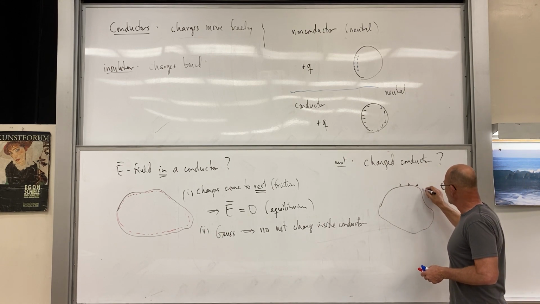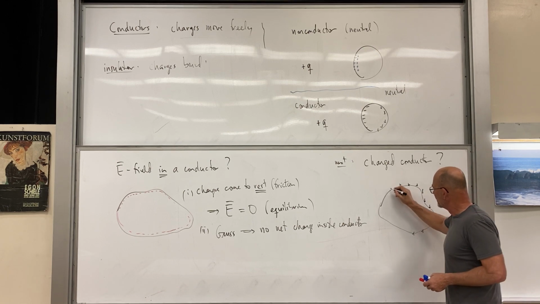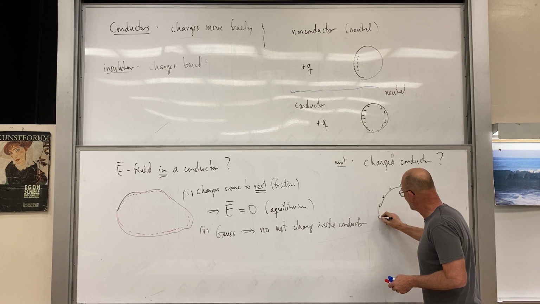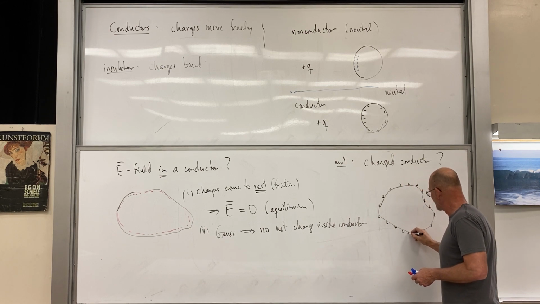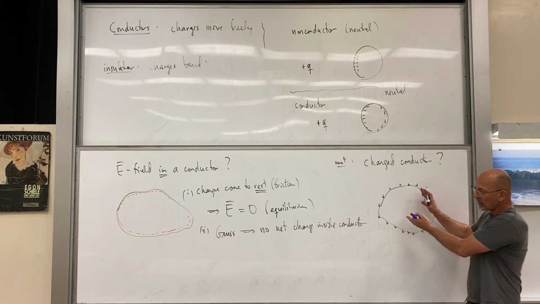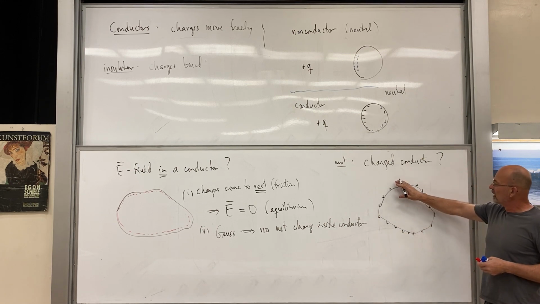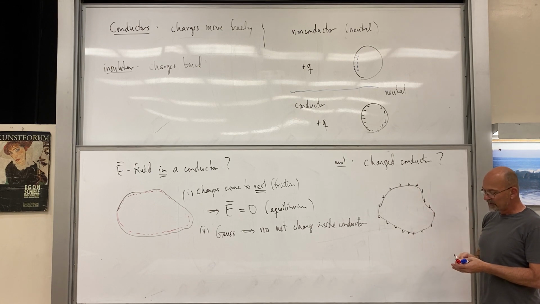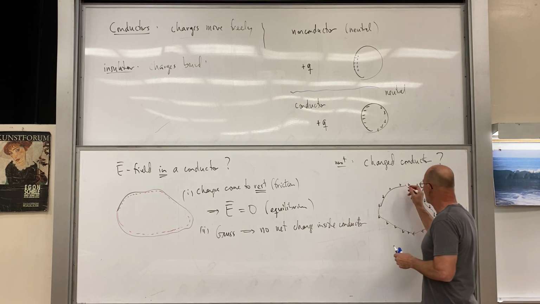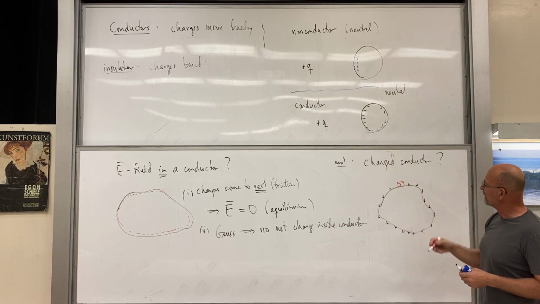So now we know we've put some surplus charge on it. Let's just say pluses. Okay, now the question is, we already know field inside, net charge 0. What about at the surface? So now we do a Gaussian element of the type we were just talking about.